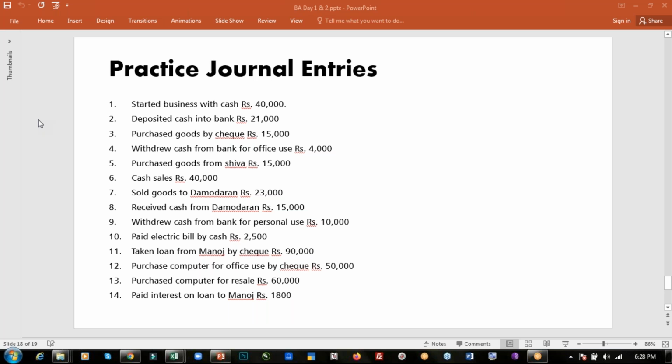So for the ninth point, we are withdrawing the cash from the bank for personal use.